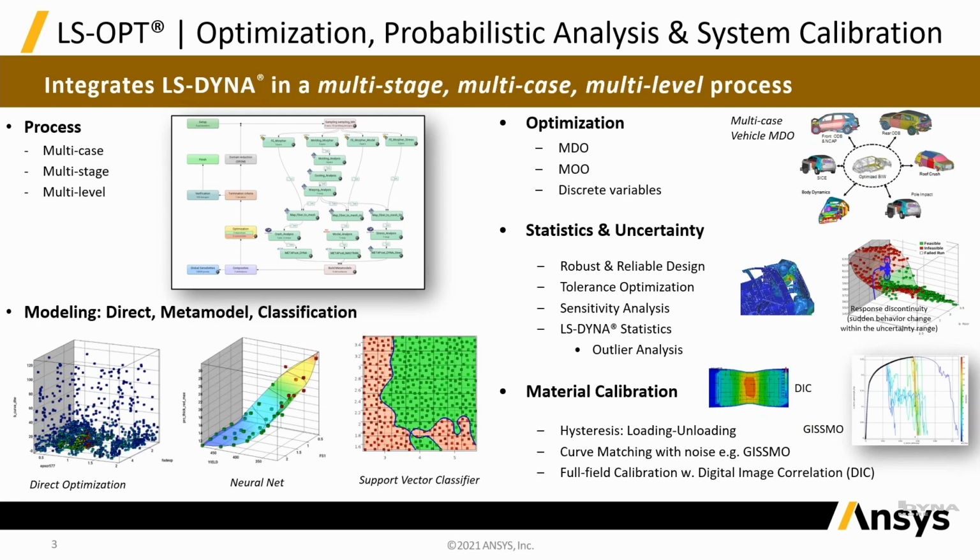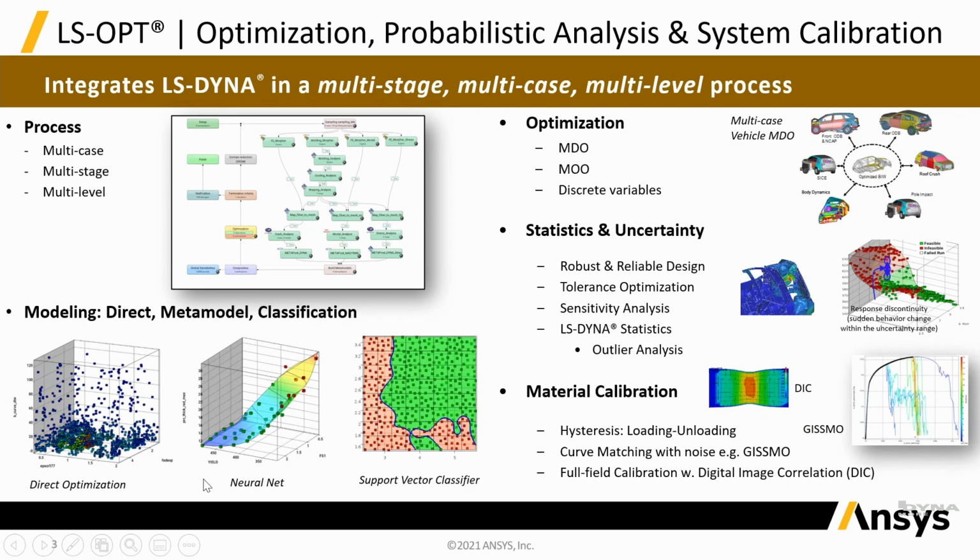The methods in LS-OPT are broadly based on direct simulations, metamodeling, or classification. In direct simulation, basically we perform, for instance, finite element analysis at all the sample points.